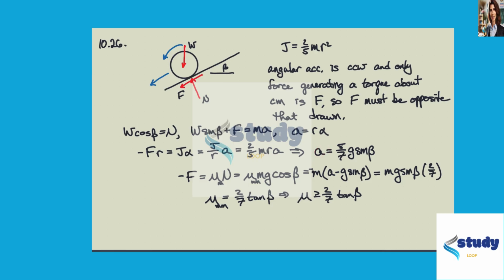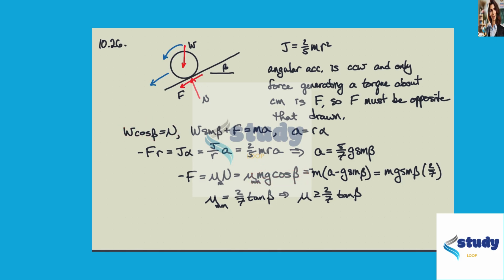Now they ask what the minimum friction force needs to be. So minus F equals the minimum friction coefficient mu times N, because we know the friction direction. N is mg times cosine of beta from here.